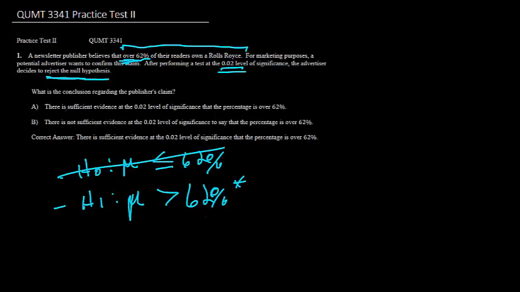So we look at the two questions, and the correct answer is A. There is sufficient evidence at the 0.02 level. Simple question. It's not necessarily intuitive. Nobody's trying to trick you here. You're assuming that the advertiser does the test correctly, so just think it through and make sure you have the right answer here.